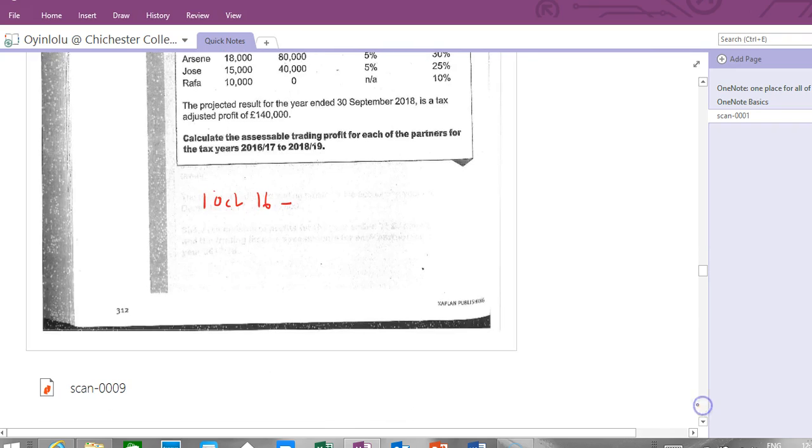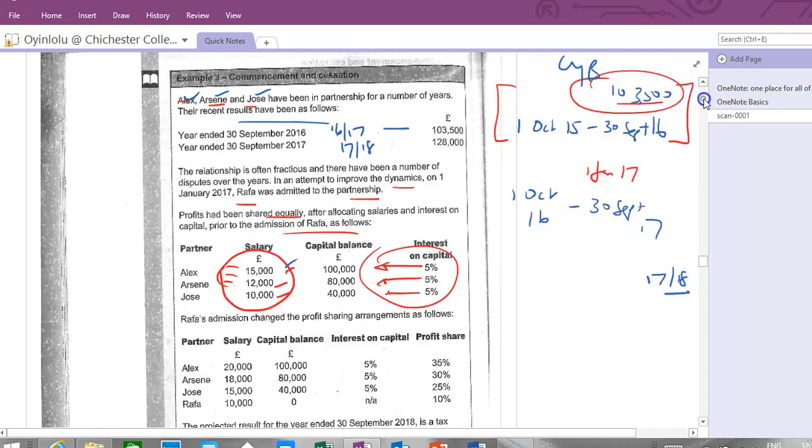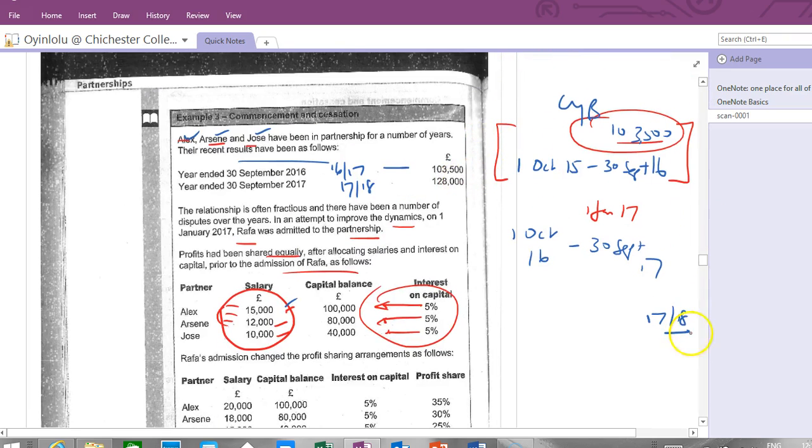So from the 1st of October to the 31st of December, we're splitting those profits into periods again, like I said earlier on. So Alex, Arson, and Jose will share October, November, December, 3 months alone, according to their old profit sharing ratio. Nothing's going to change because Rafa hadn't joined them. So we will take 3 months of those profits in that period. So that will be 3 over 12 times 128,000.